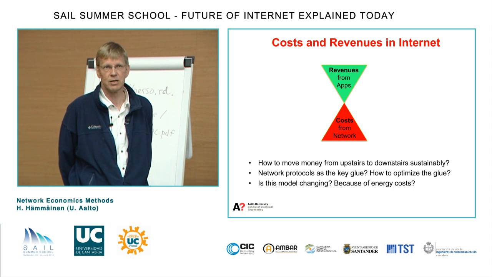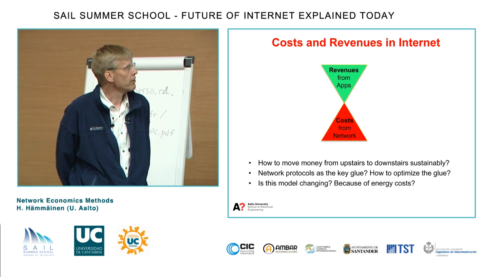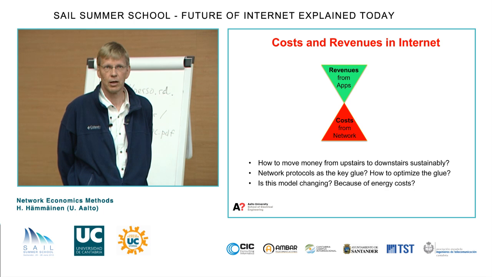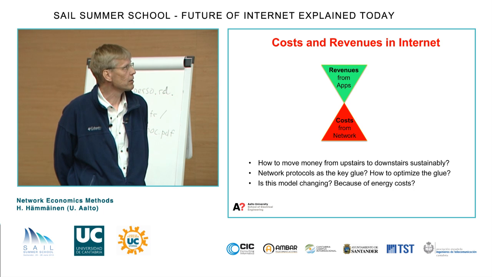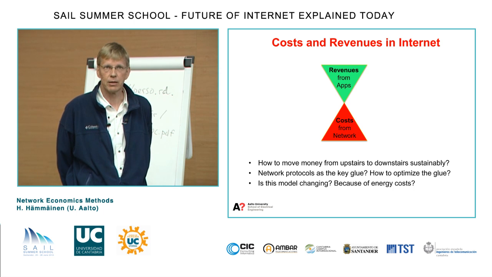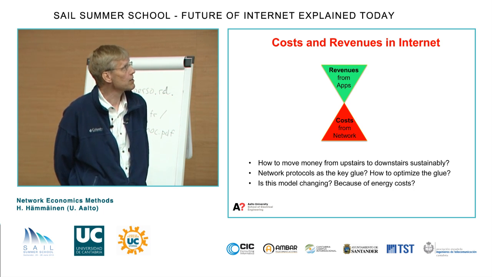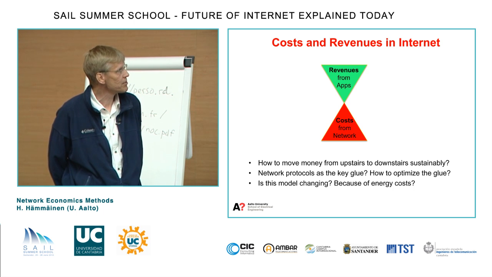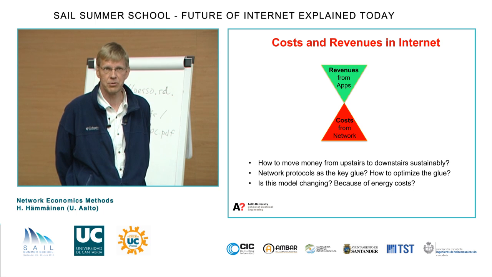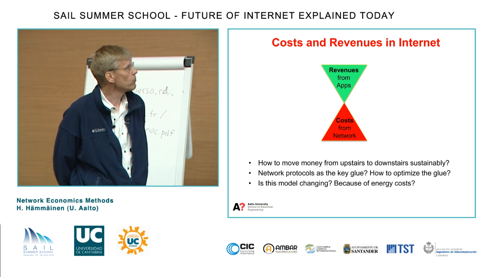Especially access network is highly expensive and requires big investments. And lately, especially the mobile networks are facing heavy investments, and the question is how to balance this upstairs, the revenues coming to applications, and the investment costs downstairs for the network.